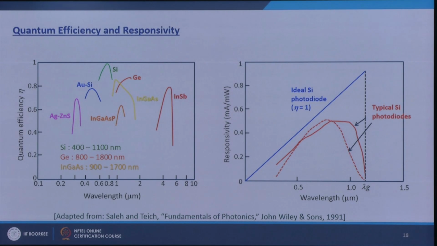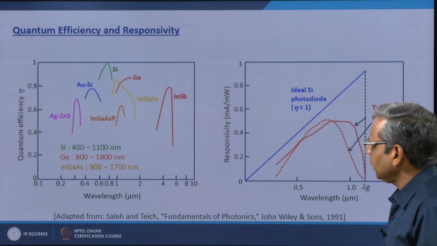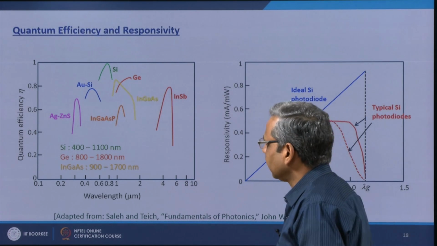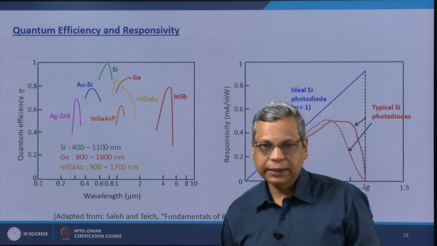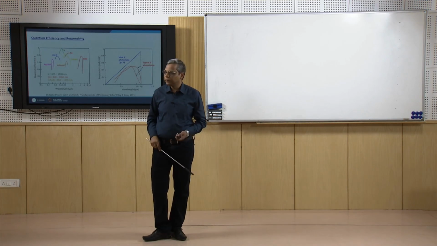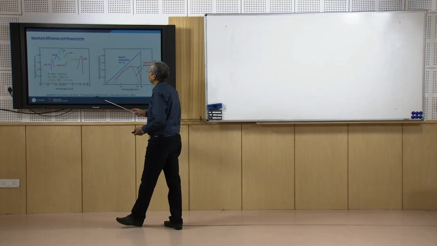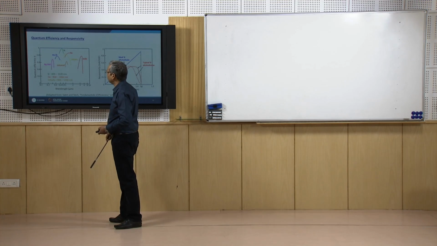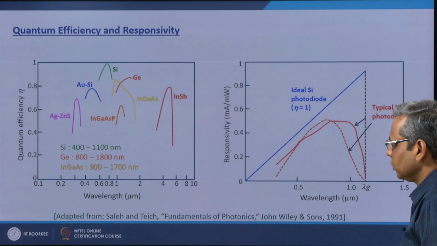These are the quantum efficiency and responsivity at various wavelengths. As I can see, not one material can work in the entire wavelength range. So, you have different materials to work in different wavelength ranges and they have different quantum efficiencies also.